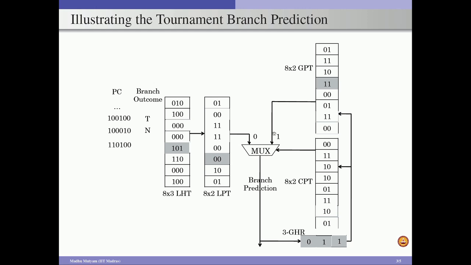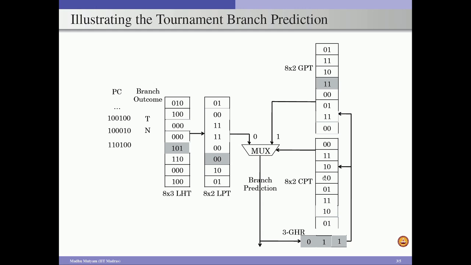Now which one do we have to select, whether we go by the local decision or by the global decision? For that we are going to take the help of the CPT, and the choice predictor is now indexed using this GHR value, that is 3. So, we take the 3rd entry in this CPT, and the 3rd entry in the CPT is showing the value 2, which is more than 1.